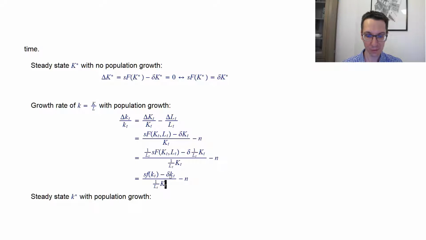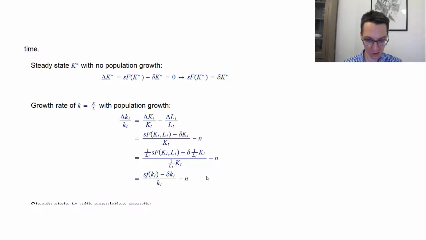And now what happens? Well, we know that 1 over L_t times F of K_t, L_t is just small f of small k_t, and 1 over L_t times K_t is small k_t.